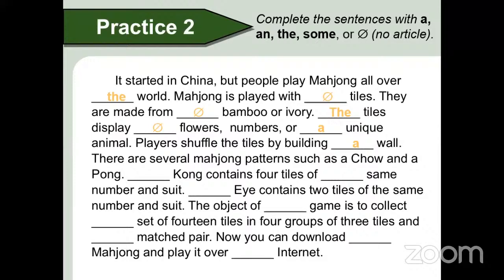Continue reading, please. There are several mahjong patterns, such as a chow and a pong. A kong contains four tiles of the same number and suit.